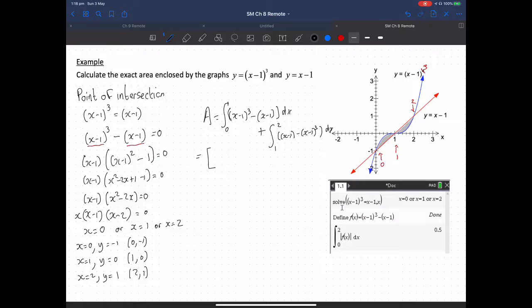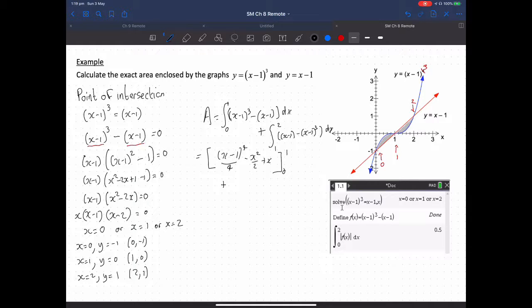The first integral would come out to be (x minus 1) to the 4 on 4, minus x squared on 2, plus x, between 0 and 1.